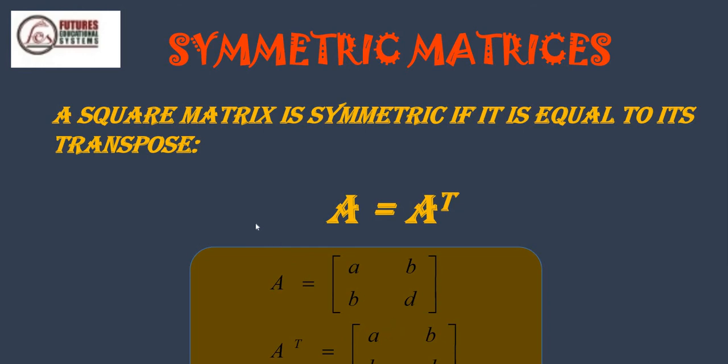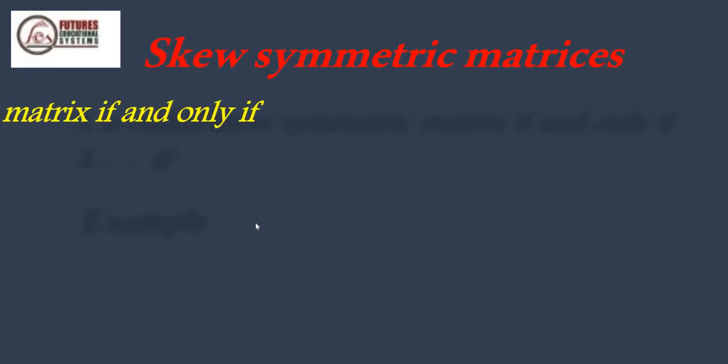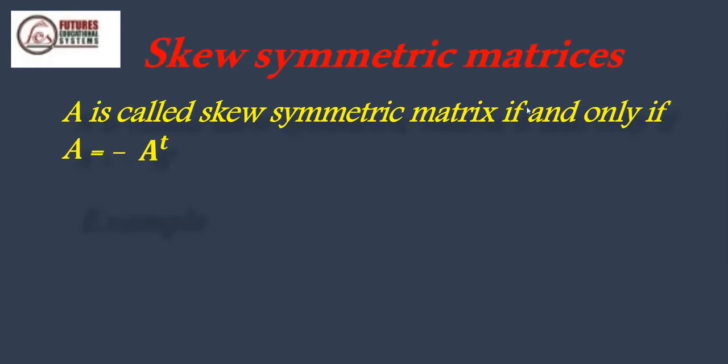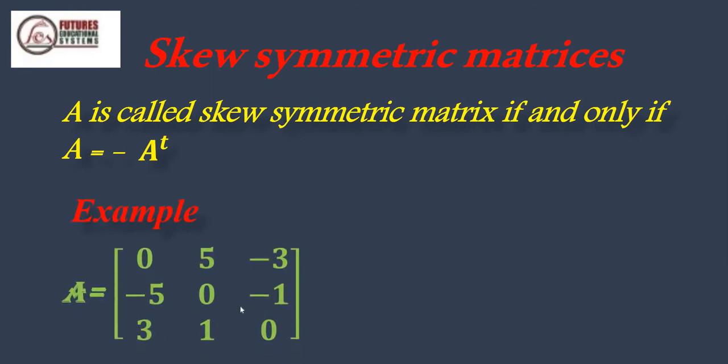Look at this example. Skew symmetric matrix: A is called a skew symmetric matrix if and only if matrix A equals negative A transpose. In the example, the main diagonal equals 0, and this number 5 is symmetric with negative 5. Negative 3, 3.